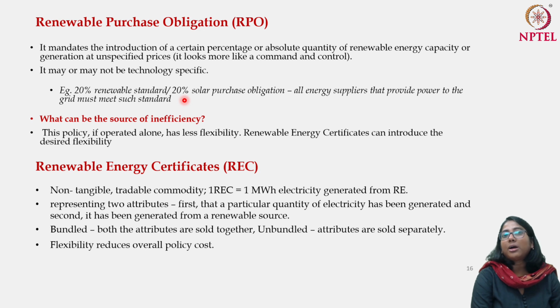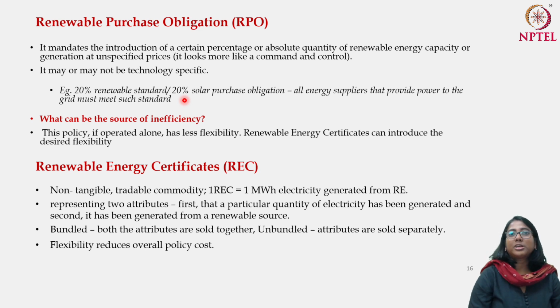One is that 1 megawatt hour of power has been generated, and the other attribute is that it has been generated from renewable energy. These two attributes can be bought and sold together, or they can be bought and sold separately.